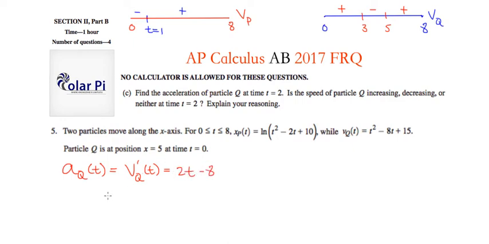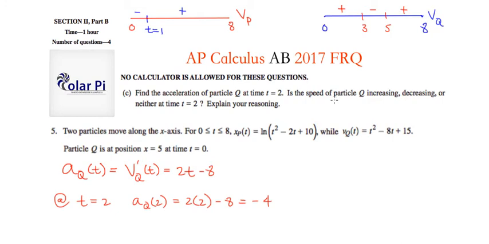Okay, cool. So at t equals 2, the acceleration of the particle Q is going to be equal to 2 times 2 minus 8, which is equal to negative 4. So we've just answered the first part.